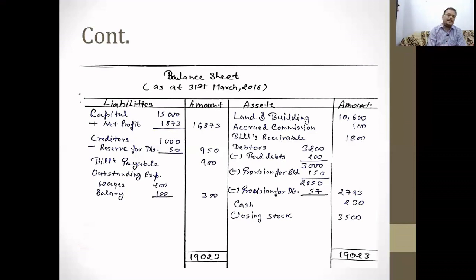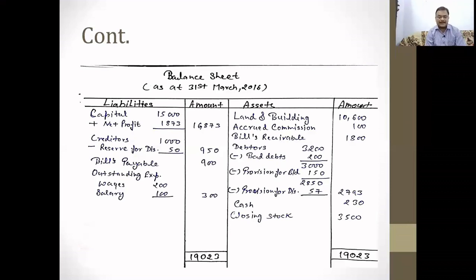That is capital plus net profit minus drawing, if drawing is given. If not given, then there is no need to show the drawings. So capital plus net profit is 16,873 rupees. Creditors 1000, and discount on creditors is 50 rupees, so 950 rupees you have to show.